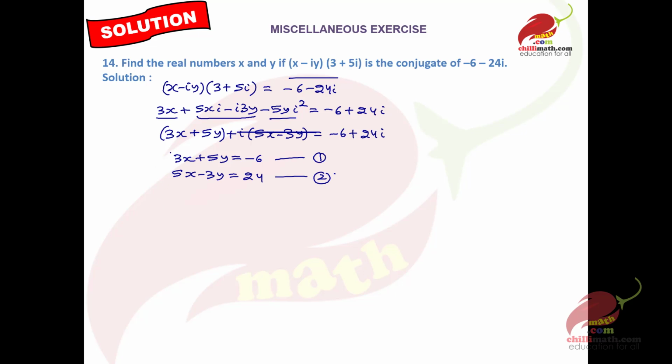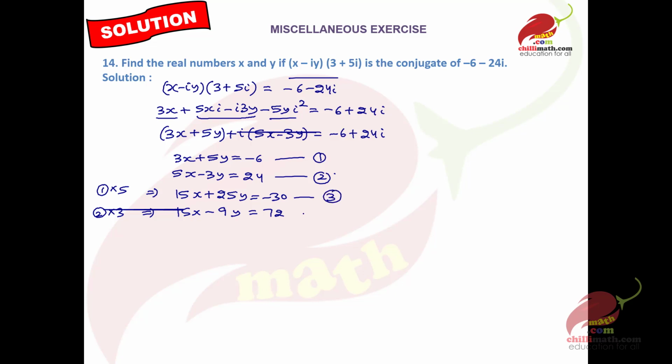By equating the coefficients, I am multiplying 1 by 5. We get 15x + 25y = −30, and multiplying equation 2 by 3, we get 15x − 9y = 72. This is just to make the coefficients of x equal.